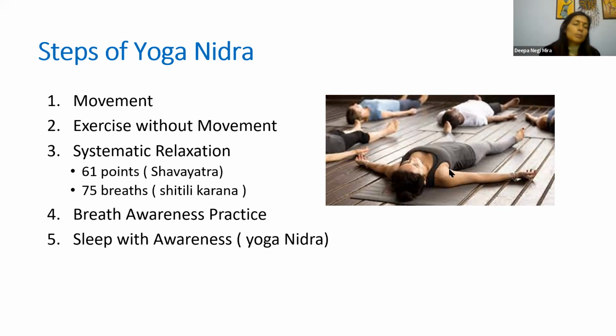So when we are doing this Yoga Nidra, we are working with these energy centers, which we call marma points. These are the energy points in our body, and in this style of Yoga Nidra, we work on those.